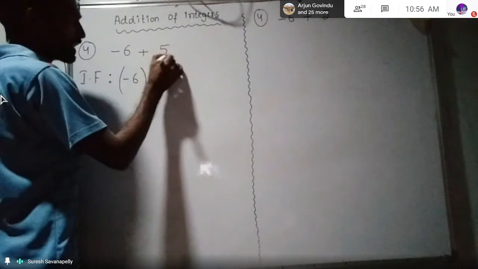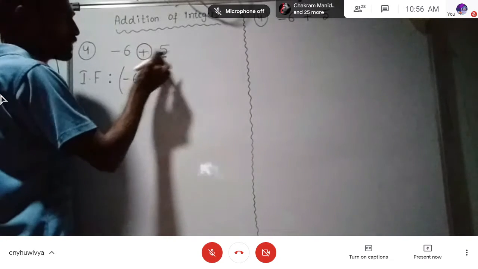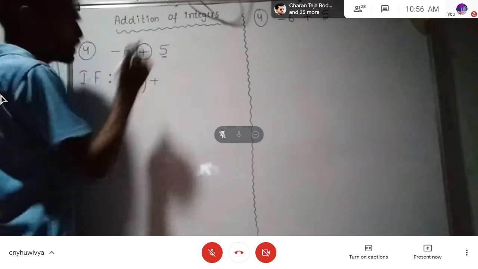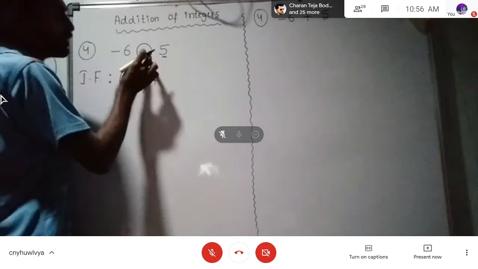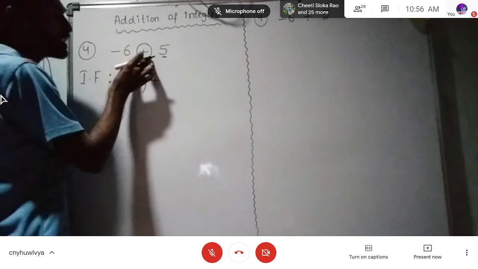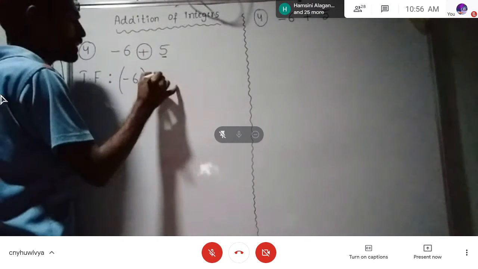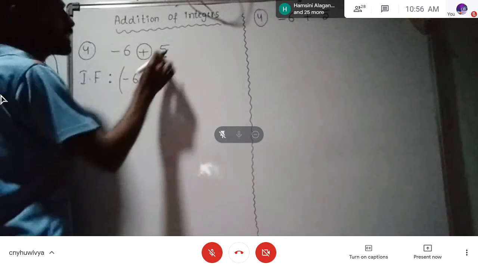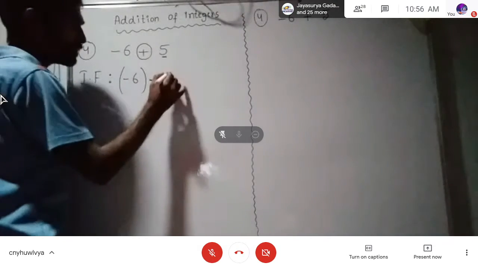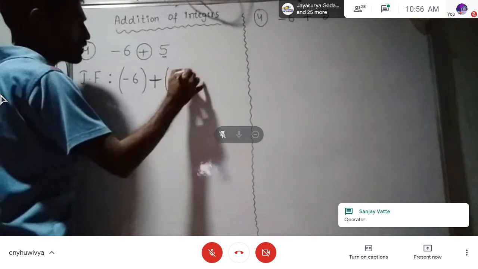If there is no sign, please remember this plus is the operator, so there is no sign indirectly. So you write this operator like an operator only. Now what is the sign of 5? No sign means you keep plus. So it is plus 5.